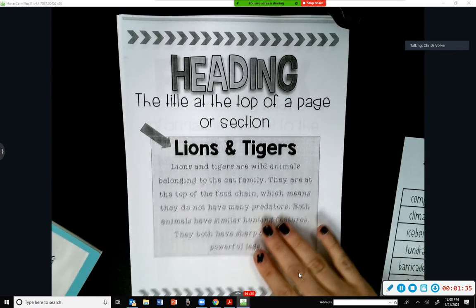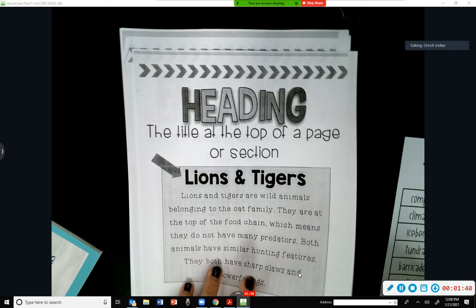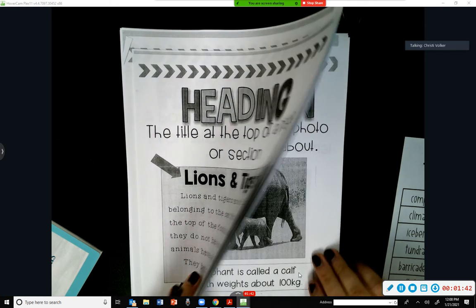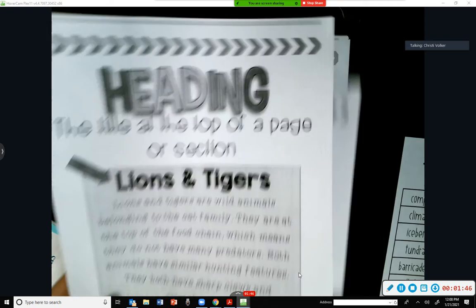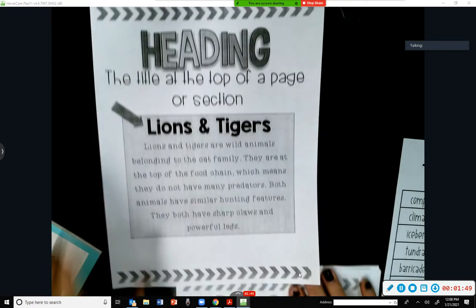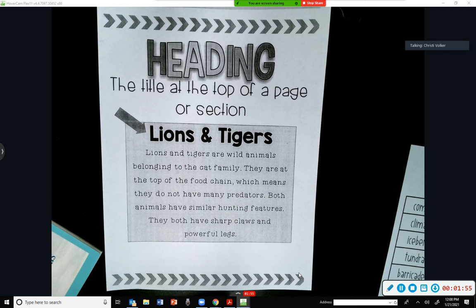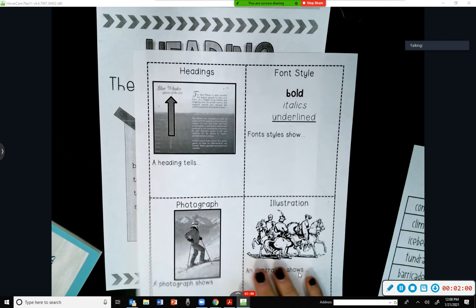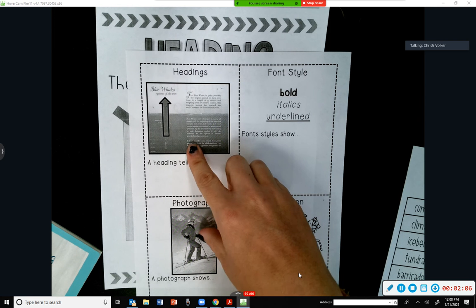Let's see if I can find that. Okay, so that's heading. So on your little pocket that we're cutting out in class, this one right here, it says headings. We have blue whales, giants of the sea is the heading. So what is it telling you?